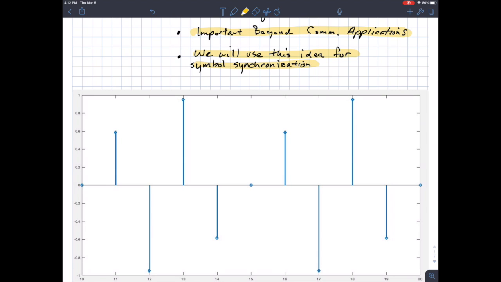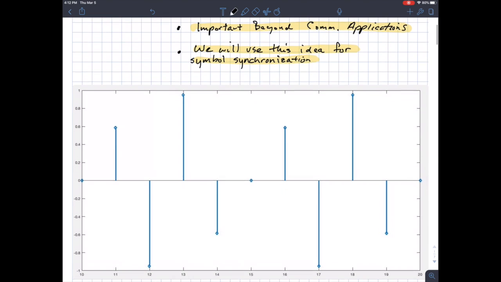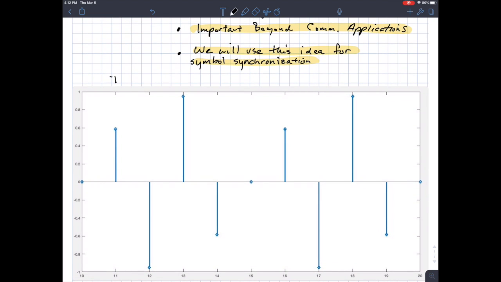Okay, so let's start with what I'm calling a thought experiment. Here we have some data. It's sampled data, and one of the things that we can assume is that we are sampling a band-limited process or band-limited signal.